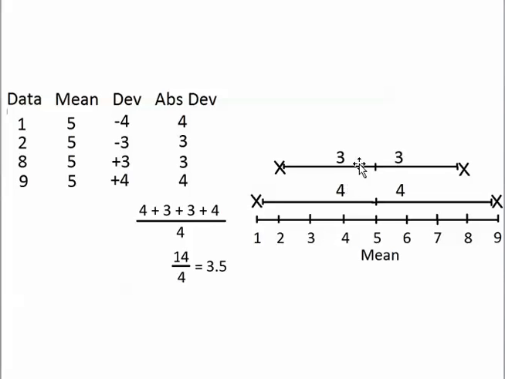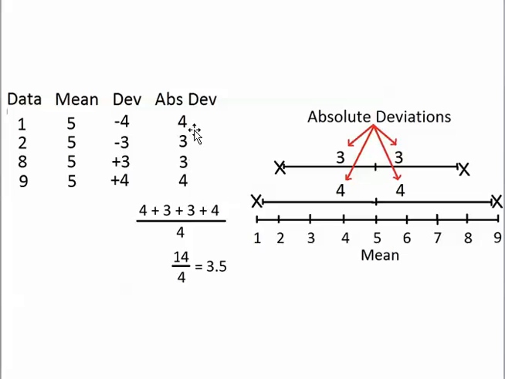Here, if our absolute deviations go up to 3, 3, and 4, 4, then the MAD will be even higher. So basically, as the data values get more spread out, the absolute deviations get bigger, and that causes the MAD to increase.